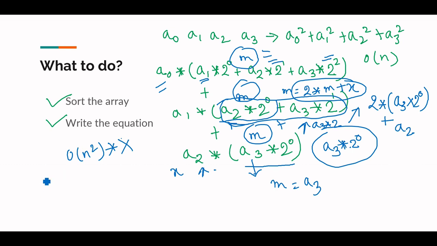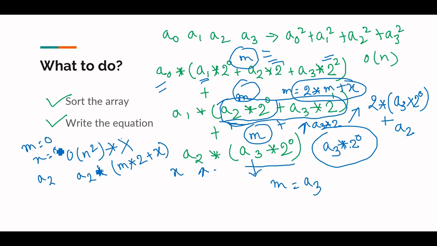So here, instead of starting from the first, we will start from the end. What we can do, we can take this A2, and at first m will be 0. So first it will be A2 comma A2 into m into 2 plus x.